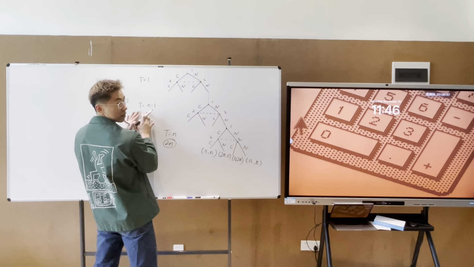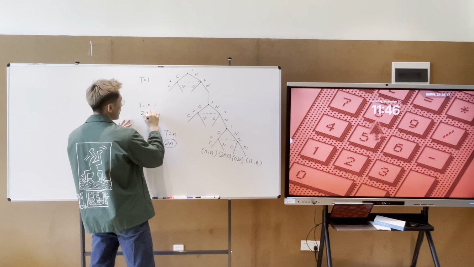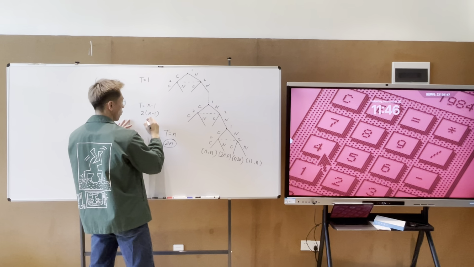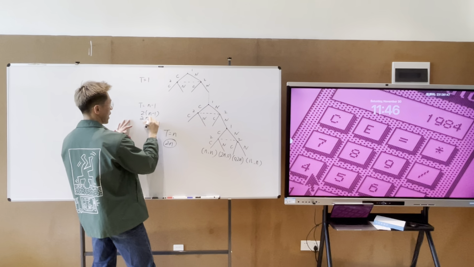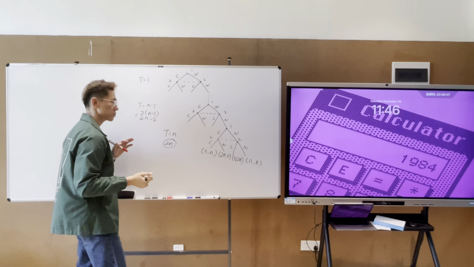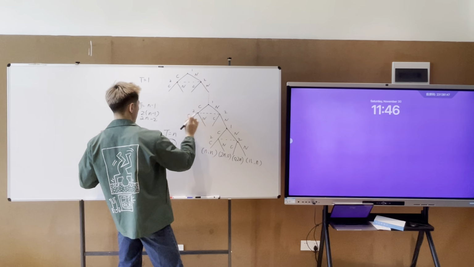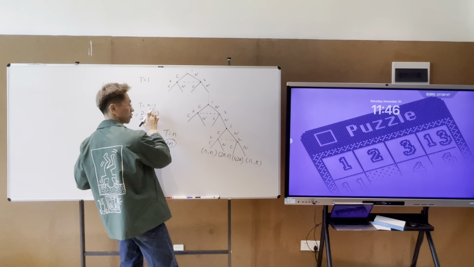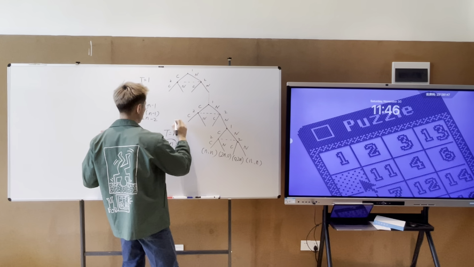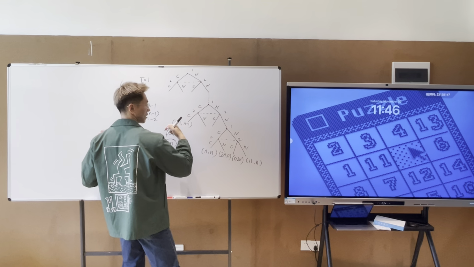And in period n minus 1, the total sum of money is 2 times n minus 1, or we can just write 2n minus 2, right? These are the same. And if both players choose to claim in period n minus 1, then each of them will get n minus 1, n minus 1, right?